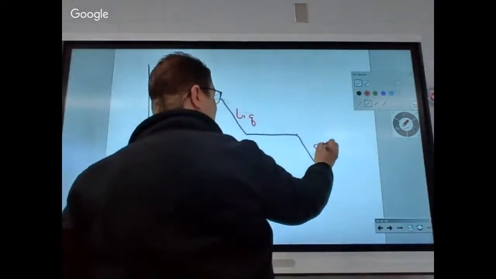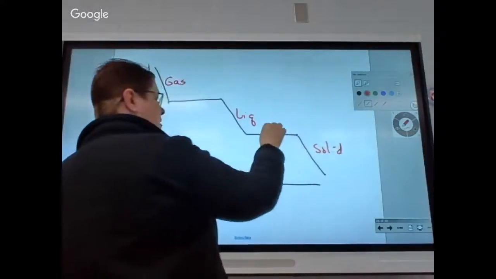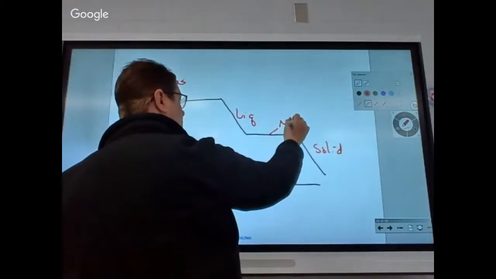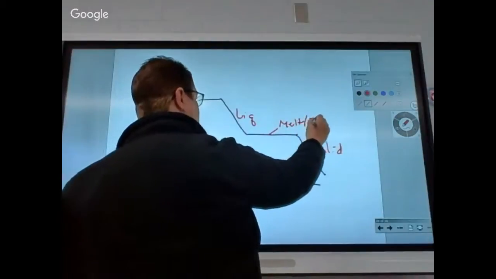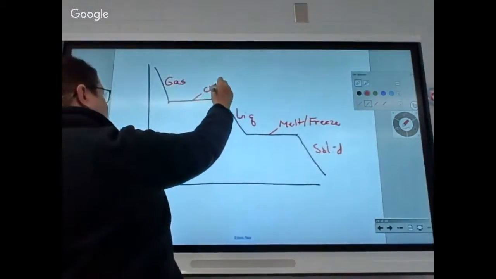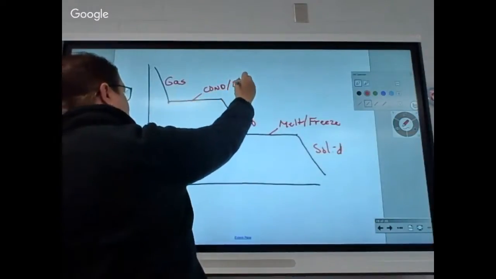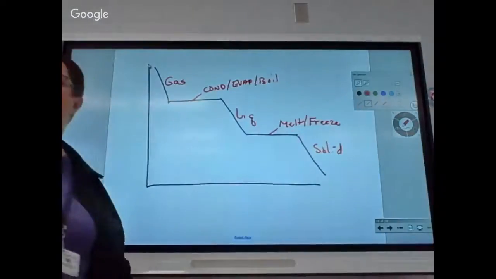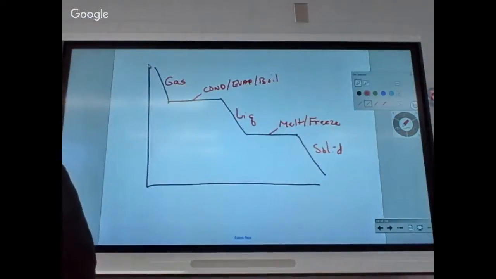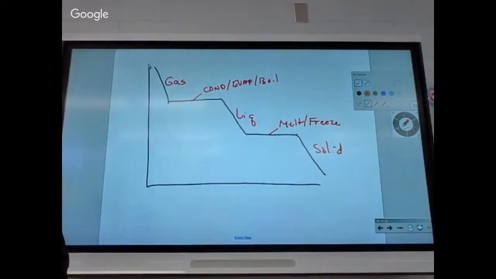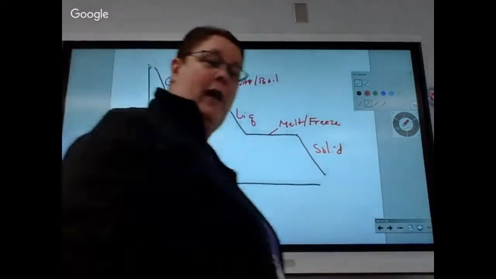This is still a solid. So this still means that's a what? That's still a melting. That's still a freezing. That's still condensation, still evaporation, and that's still boiling. It moves absolutely nothing for me to draw it backwards. The only thing is this one is cooling, whereas the other one was being what? Heated. You with me on that?